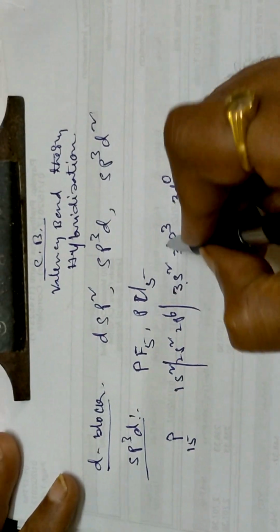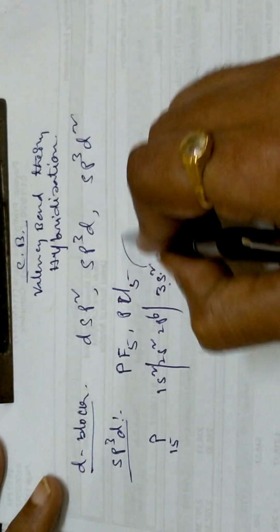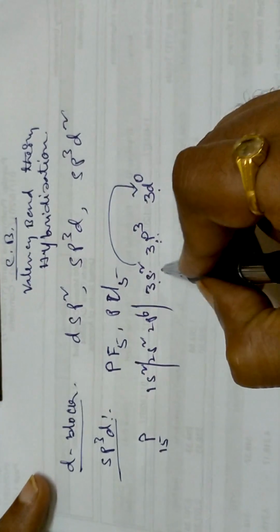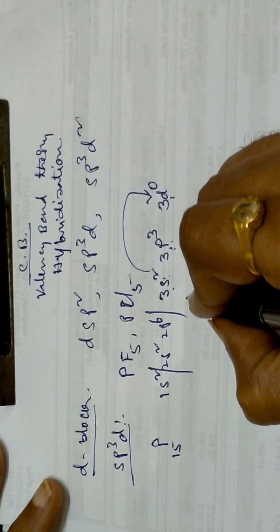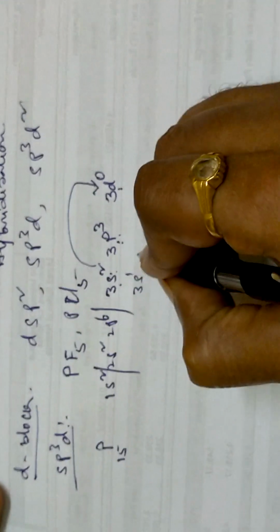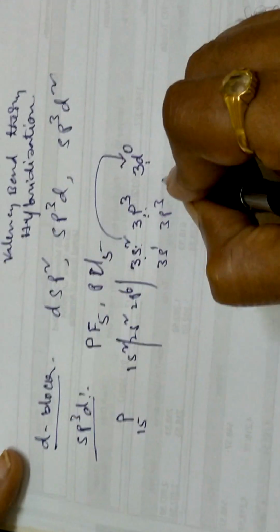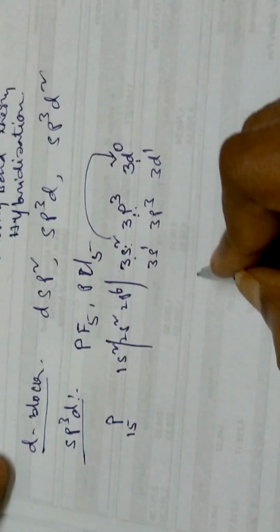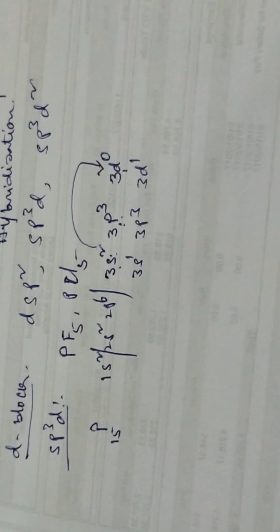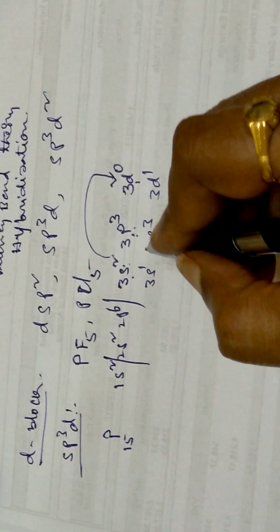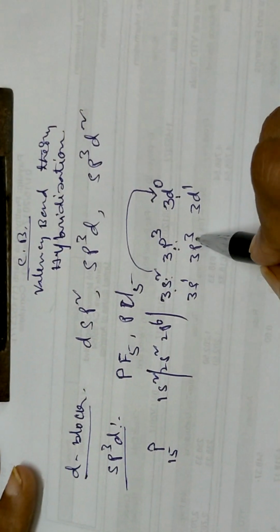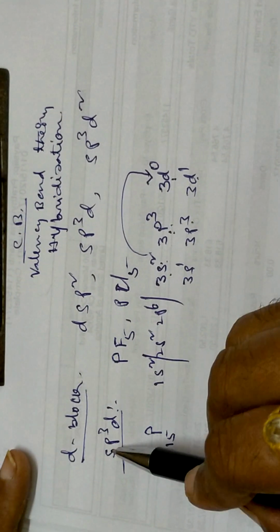But when one of the s electrons jumps to the 3d, because of the same energy level, it will look like this: 3s1, 3p3, 3d1. Totally how many? 1 plus 3 is 4, plus 1 is 5.